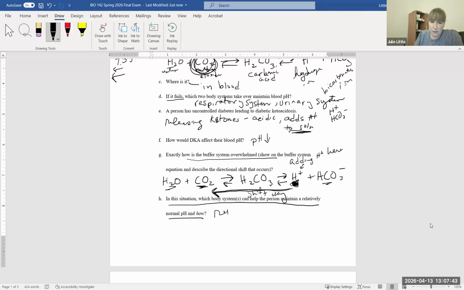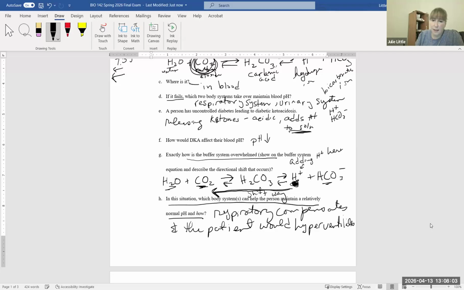And so the respiratory system compensates for this situation, and the patient would hyperventilate, possibly. This doesn't always happen, but if the patient hyperventilates, that means they are blowing off excess carbon dioxide.